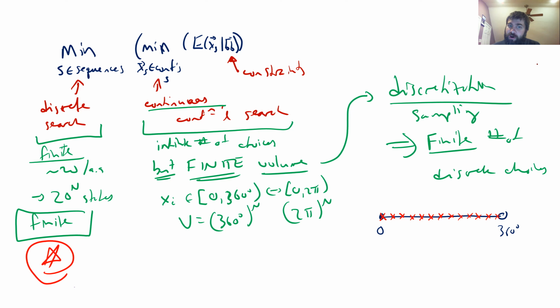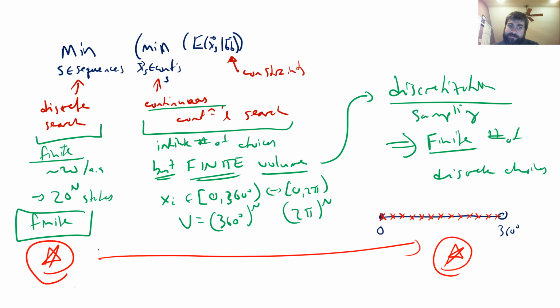If we're able to also discretize the continuous space and move into a finite number of discrete choices, what this means is that these two minimizations that we're working over end up being exactly the same type of minimization, right? And what does this allow us to do?